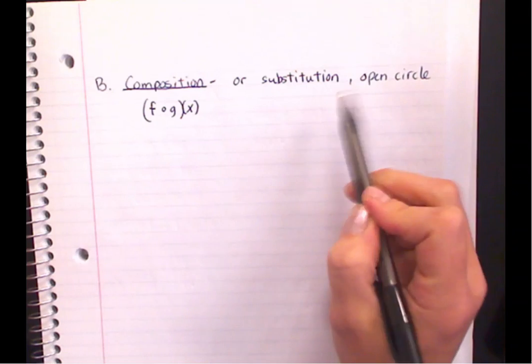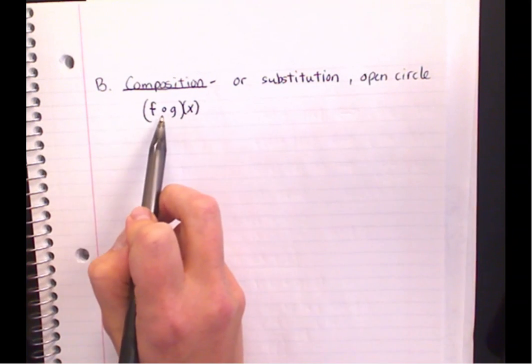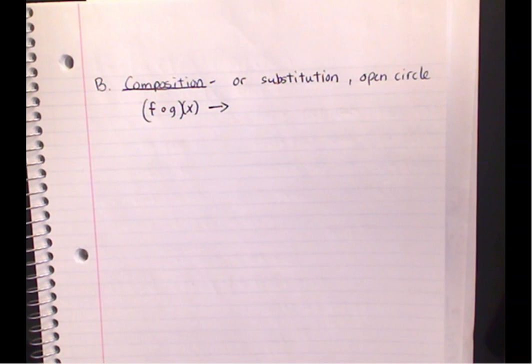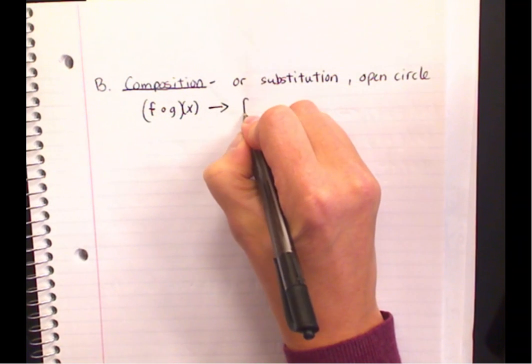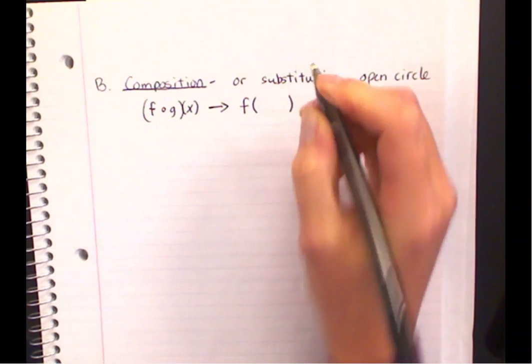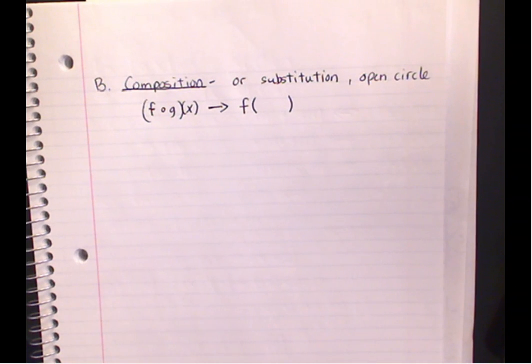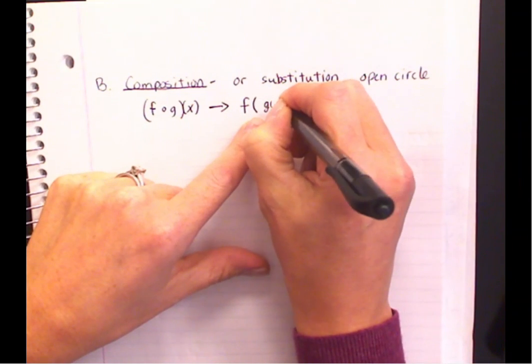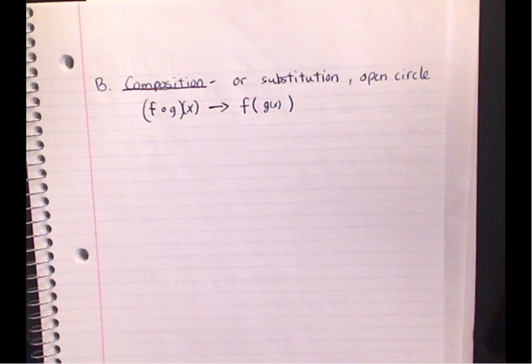Composition is denoted by an open circle in the problem. So we're going to change the notation into what I think of as the more user-friendly notation. F, I'm going to write, notice those parentheses are the size of the whole line. The size kind of matters, and so does the order that I write this in, okay? So now I'm going to write g of x. Notice how I wrote it smaller so that it looks like it's on the inside. It's because it is. It's the input.